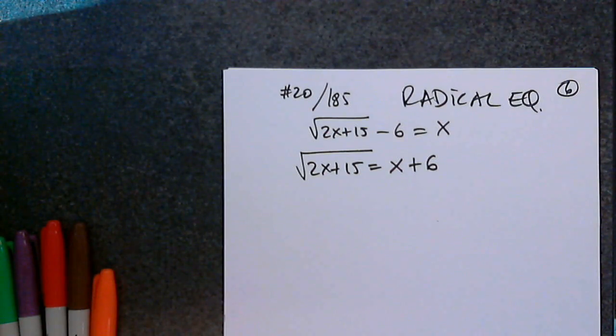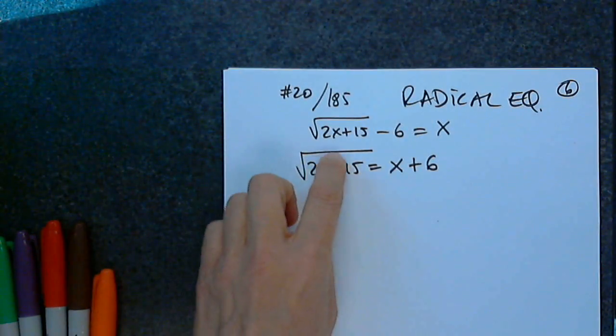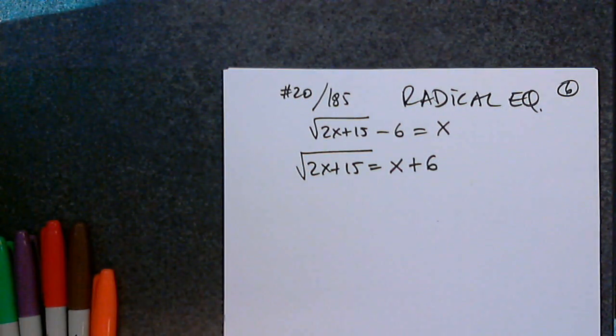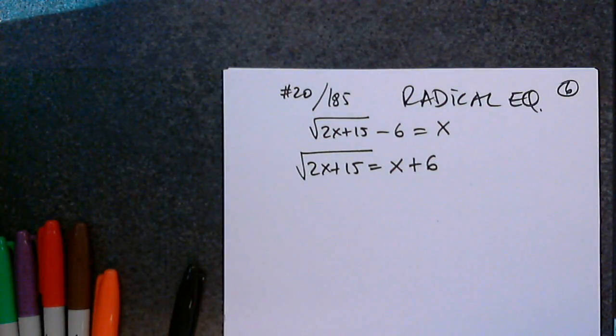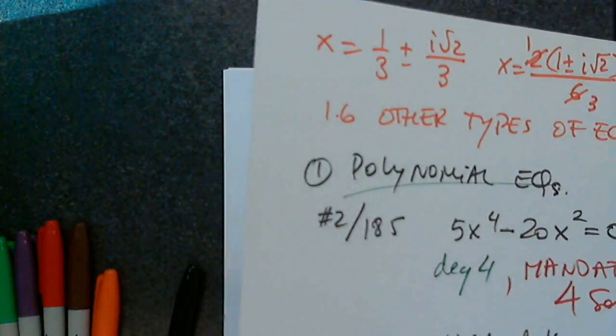Okay, good. So now I want to apply a mechanism to both sides that eliminates this symbol. What mechanism applied to both sides will eliminate the square root? Exactly. So let me ask you this, which I didn't say a minute ago.